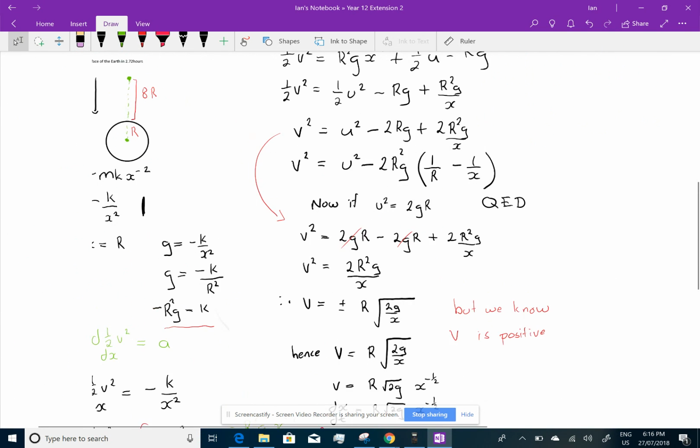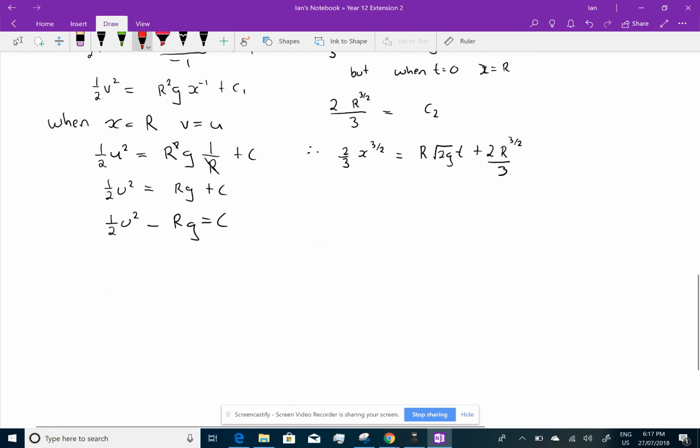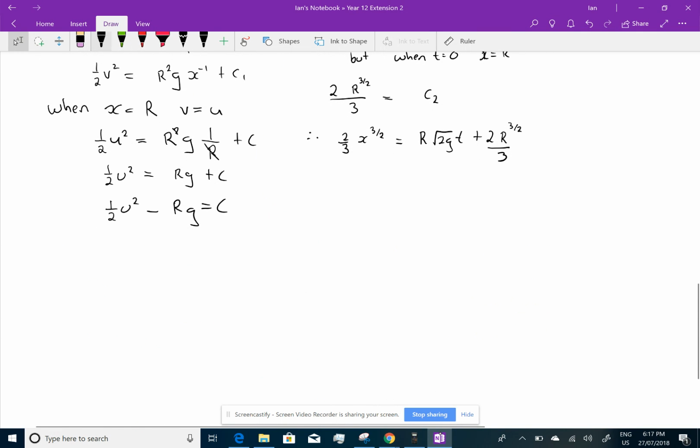If it's 8r from the centre of the Earth, the total distance, if we're talking from the centre of the Earth, is 9r. Oops, better make that a capital. 9r. So we go down here. We want to find t when x is 9r. What is x?